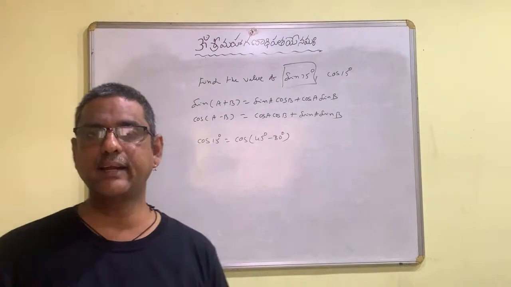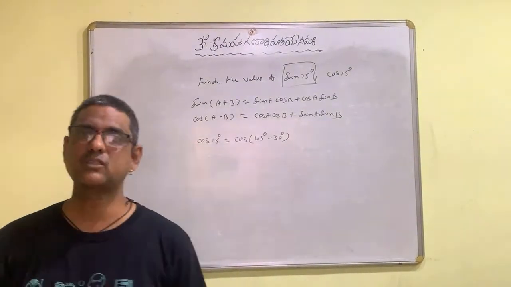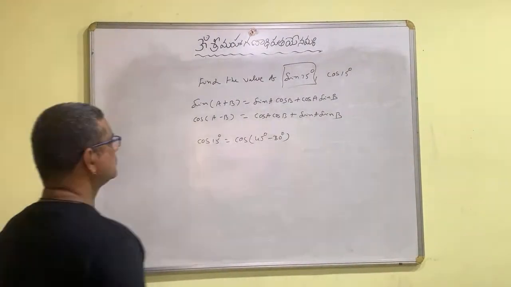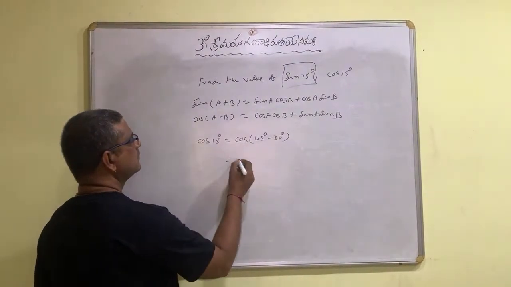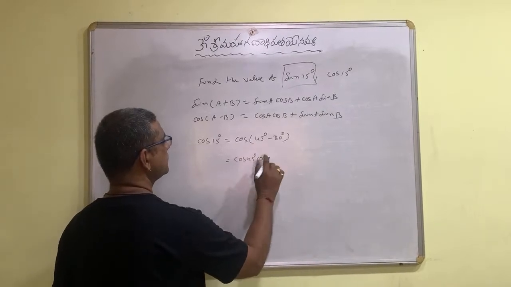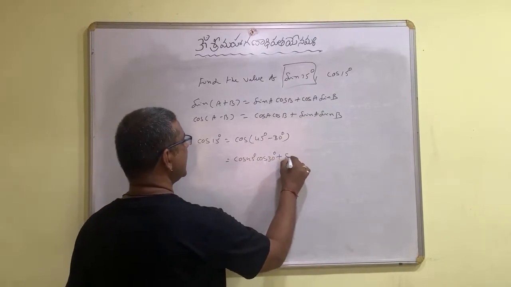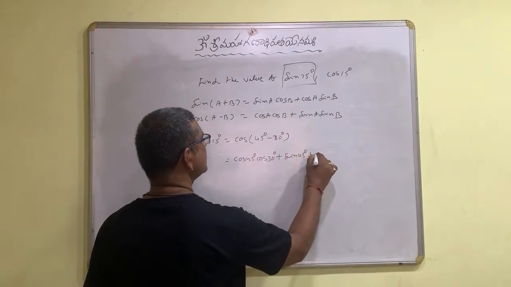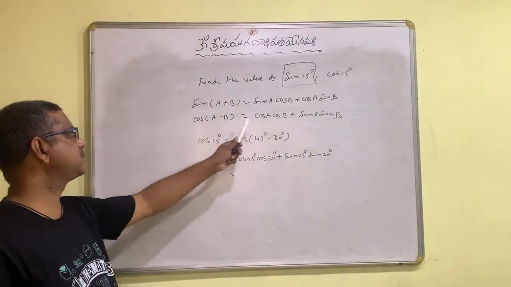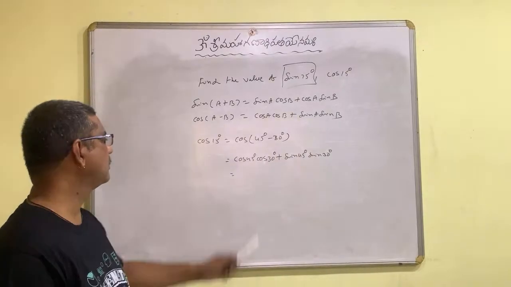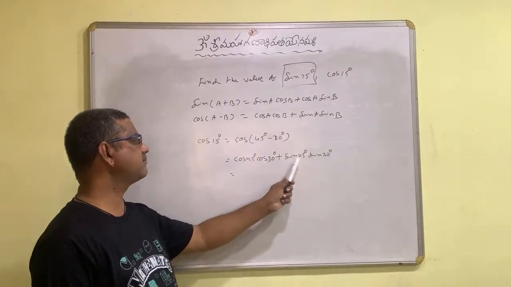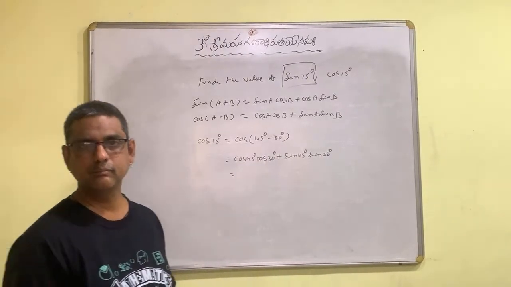So cos A minus B is cos A cos B plus sin A sin B. So cos 45 minus 30 is cos 45 cos 30 plus sin 45 sin 30. Now simplify it.